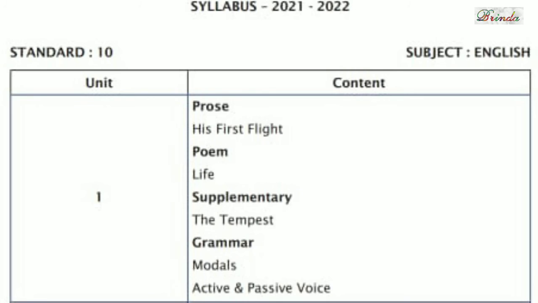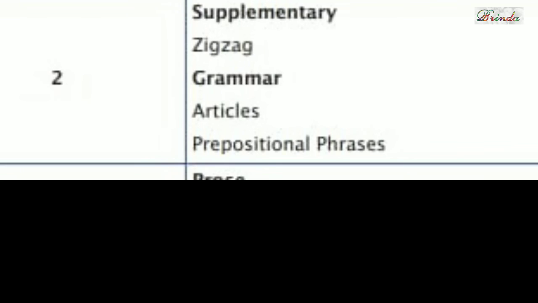Poem, Life, written by Henry Van Dyke. Supplementary reading, The Tempest. Grammar, modal verbs, active and passive voice. At second unit, in supplementary reading, we have Zigzag. Grammar, we have articles and prepositional phrases.